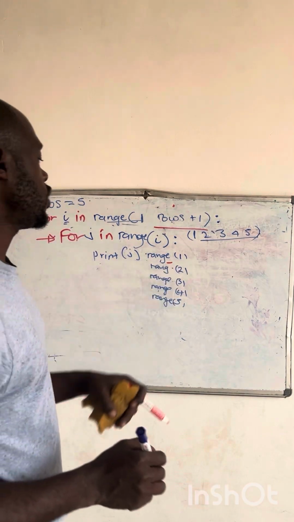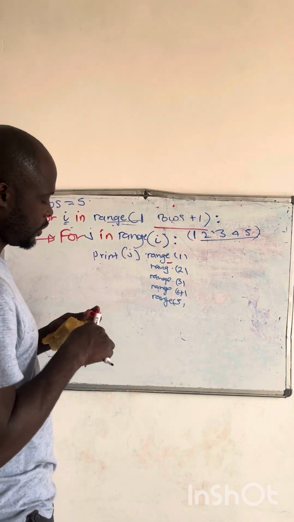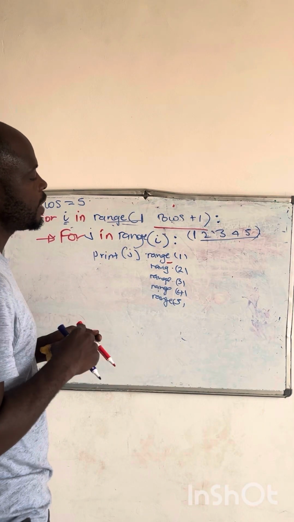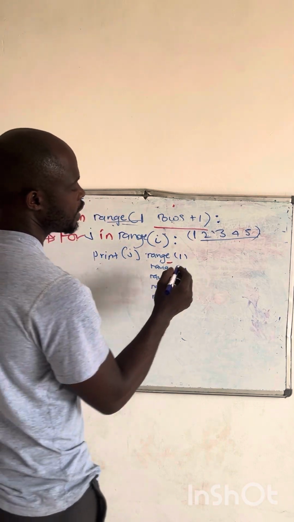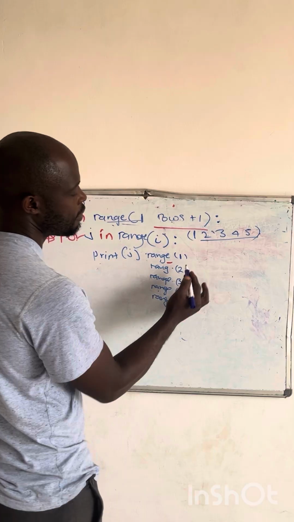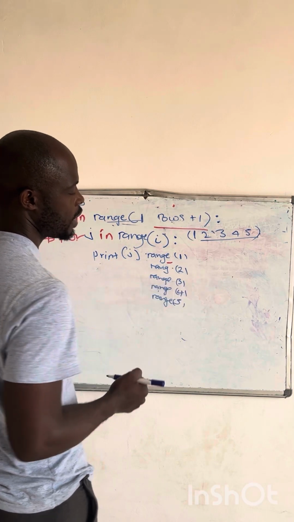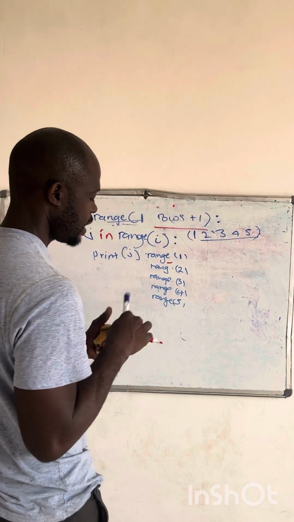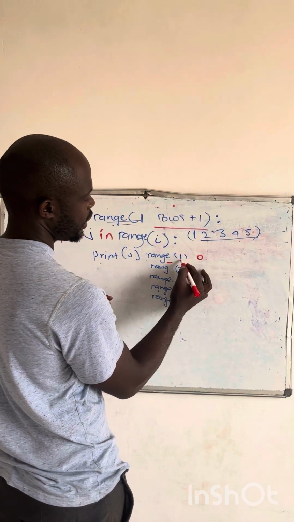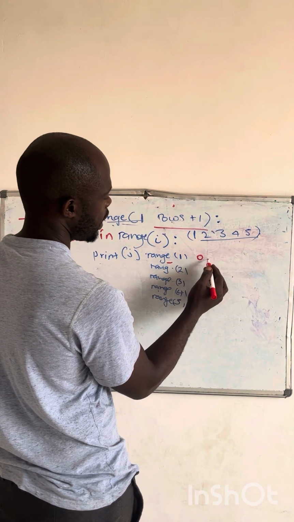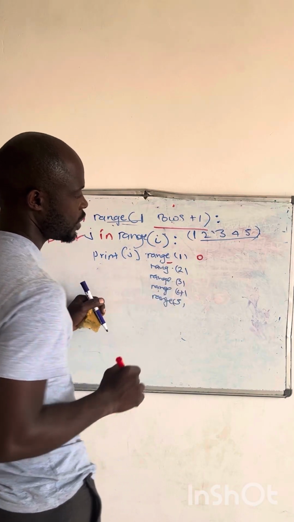So what is range 1? Remember we said range by default begins from 0 and increments by 1. If we say range 1, remember the final digit is not included. We begin from 0 and increment by 1, so range 1 will just be 0, the starting point. Because if you increment 0 by 1, you will have 1, and the final digit is not included in the range.